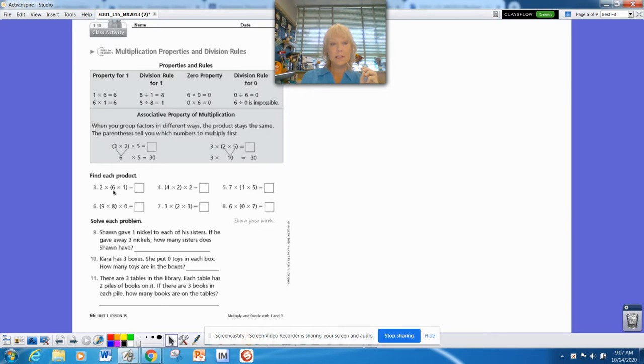So that would be 6 times 1, and we remember the identity property. Anything multiplied by 1 remains the same number, so 6 times 1 is 6. Then we bring our 2 down, so 2 times 6 equals, you can use your count-bys, 2, 4, 6, 8, 10, 12, and that would be 12.